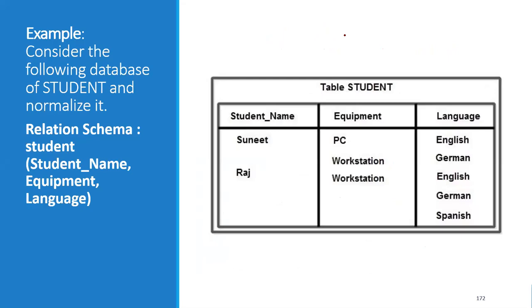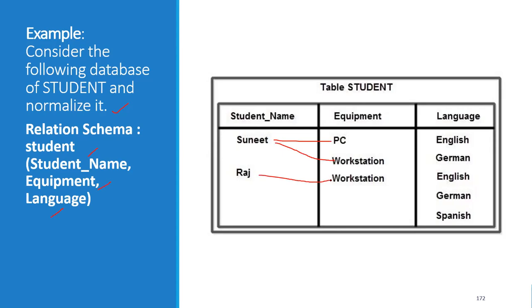So here, students, for your reference, I am giving one more example. In the exam, they will ask like this: consider the following database student and normalize it. Initially we don't know which normal form it is in, and we have to start from the first normal form. So first you try to observe the attributes here: student name, equipment, language. Student names are Sunit and Raj. Sunit uses the equipment PC and workstation, and Raj uses only the workstation.